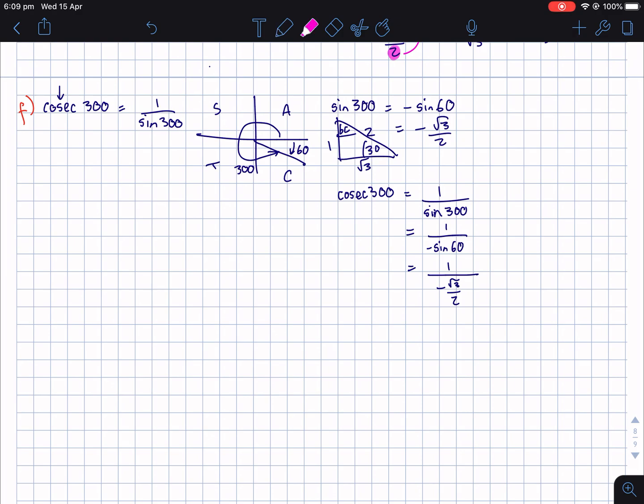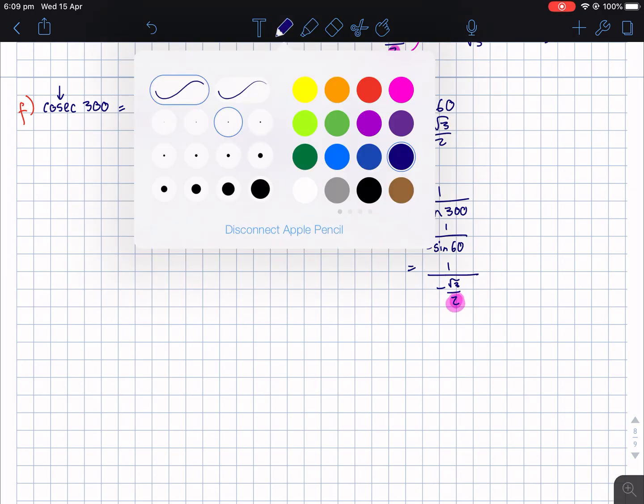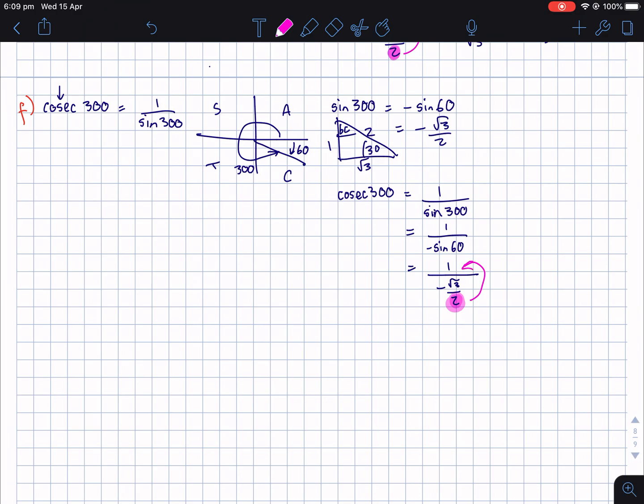Don't forget your little cheat. If the thing's on the bottom of the bottom fraction, it can go to the top. 1 times 2 is 2. So we've got negative 2 on root 3. And I just put the negative out the front. That's question 7. Like once you get the hang of them, they're fairly easy.